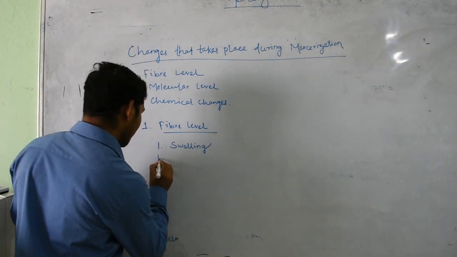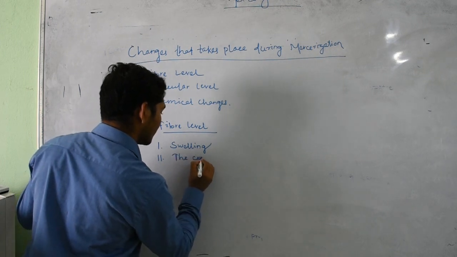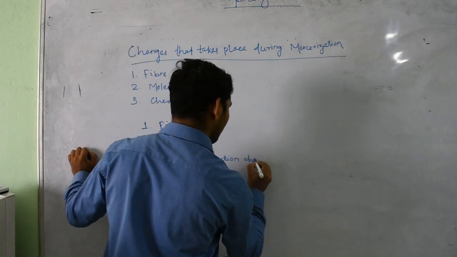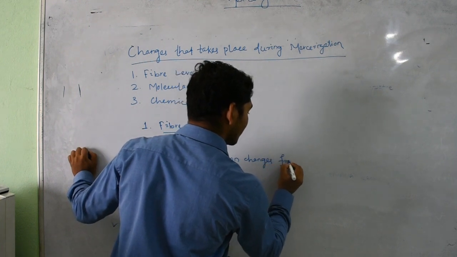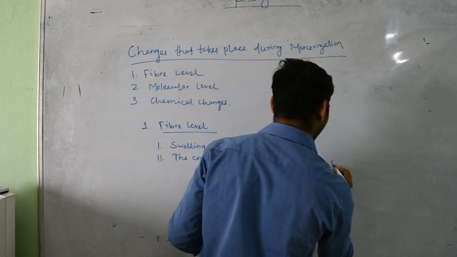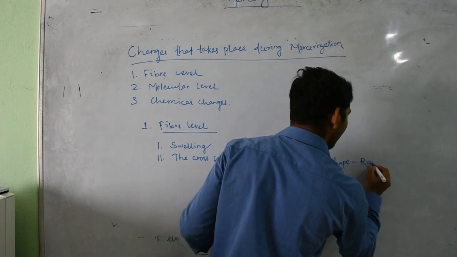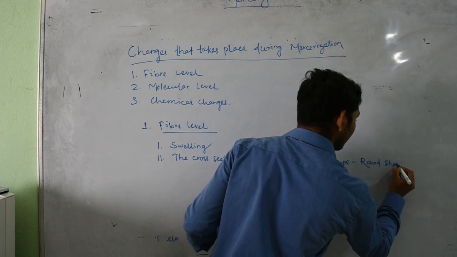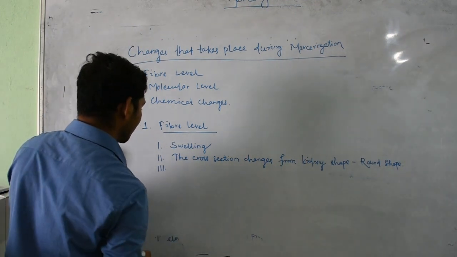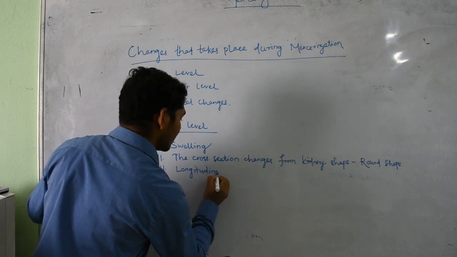The next changes is the cross section of the fiber changes from kidney shape to round shape. The next is longitudinal shrinkage.